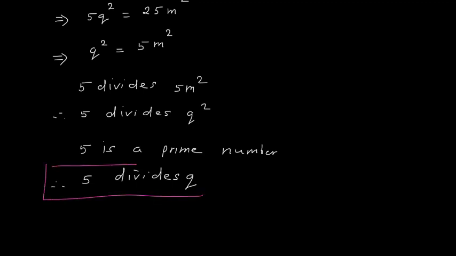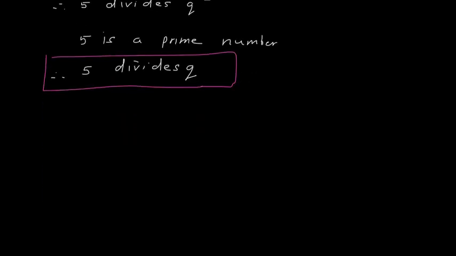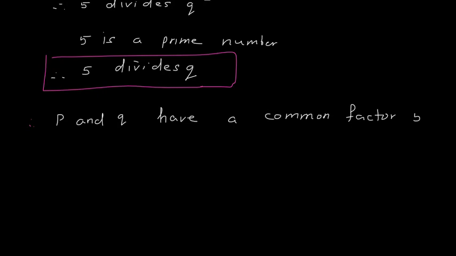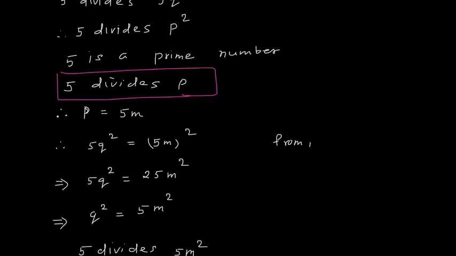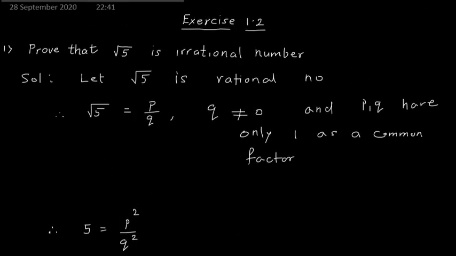Therefore p and q have a common factor 5. Now what we have assumed is that p and q do not have any common factor except 1.